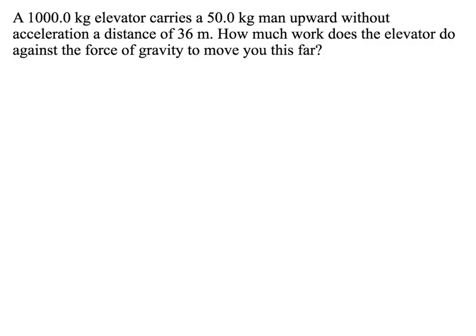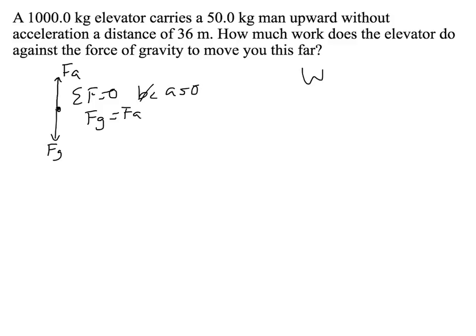Now in this question it says the elevator is going upwards without acceleration. Therefore, in our free body diagram, we're going to have the force of gravity working down and the force applied working up, and the sum of the forces is going to equal 0, okay? Because acceleration equals 0. So we can say in this case that the force down equals the force up.